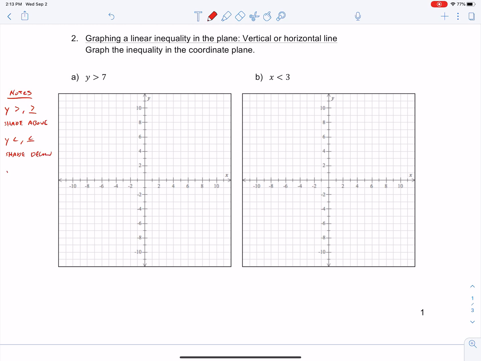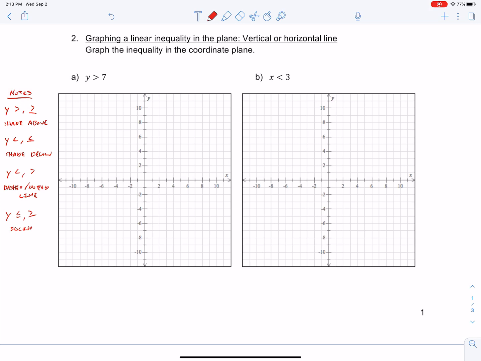And then when we have y is less than or y is greater than, that's going to be a dashed or dotted line. Forgive me for my penmanship. And then when we have y is less than or equal to or greater than or equal to, that's going to be a solid line. Again, this is just memorization at this point. You just have to remember these rules and these notes.